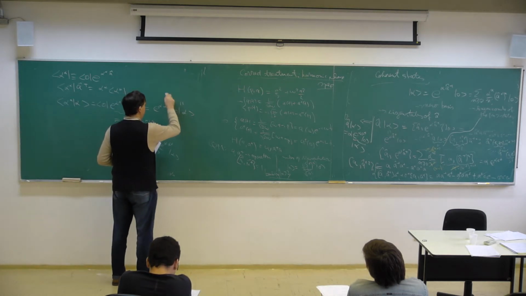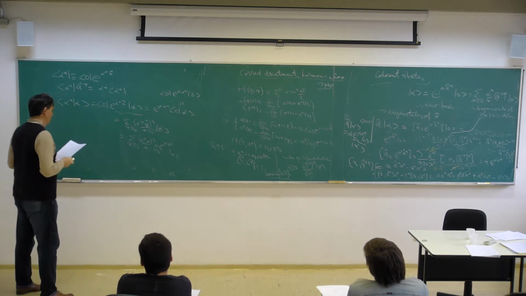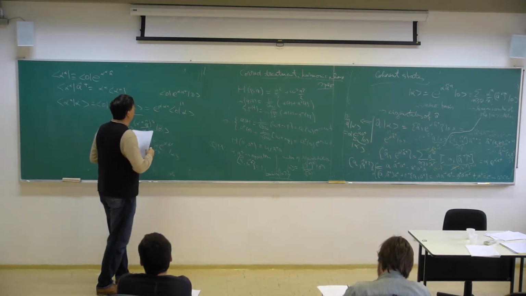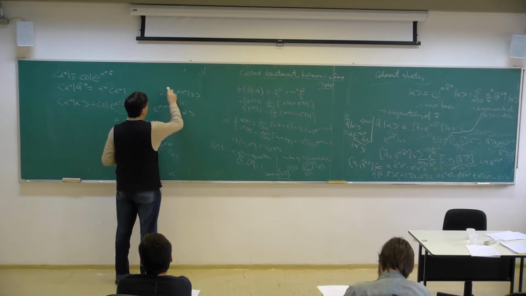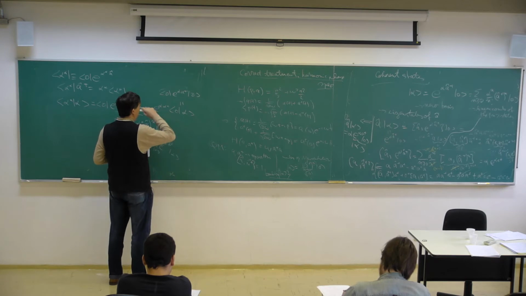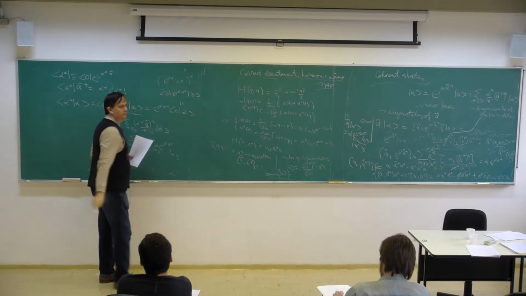But this itself is 0 e to the alpha A dagger acting on 0. I can think of the dagger of e to the alpha A acting on 0 if I want.